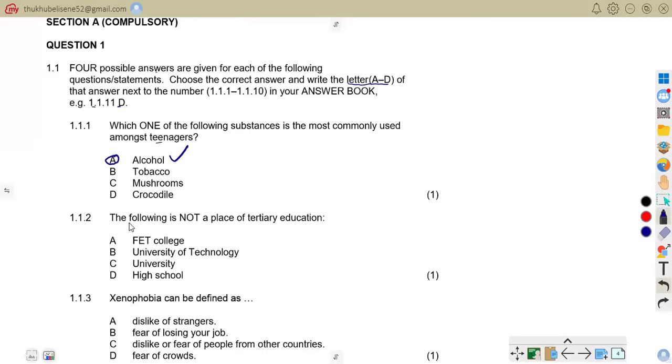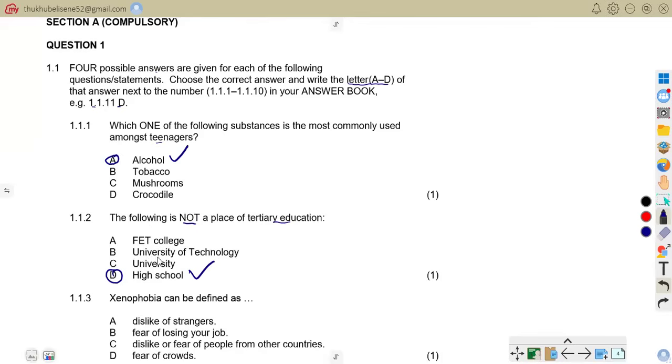1.1.2: The following is not a place of tertiary education. We are given 4 options: FET College, University of Technology, University, but the correct answer is D, high school. High school is not a place of tertiary education.